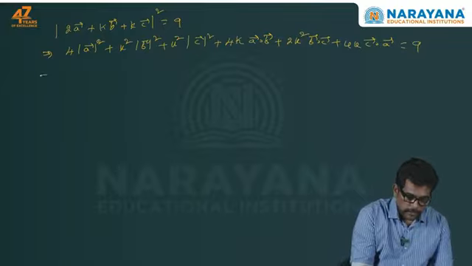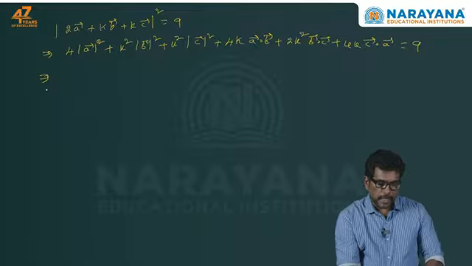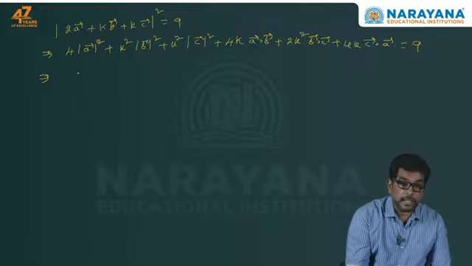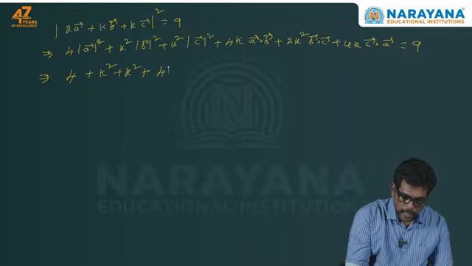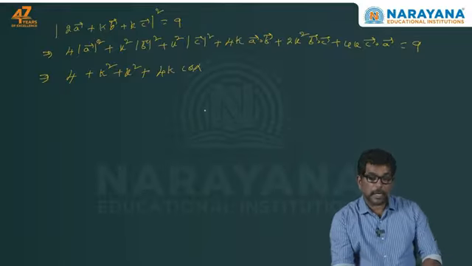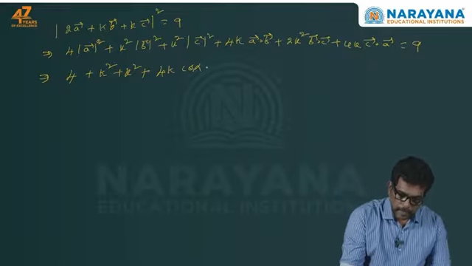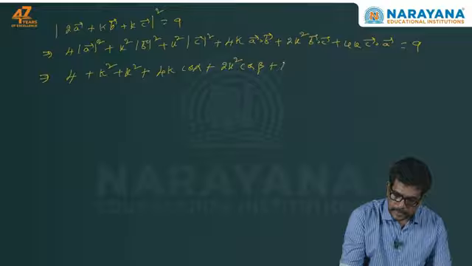Now we simplify this using mod a bar square is equal to 1. That means this becomes 4 plus k square plus k square plus 4k into cos alpha, because a bar dot b bar is equal to cos alpha, plus 2k square into cos beta plus 4k into cos gamma is equal to 9.